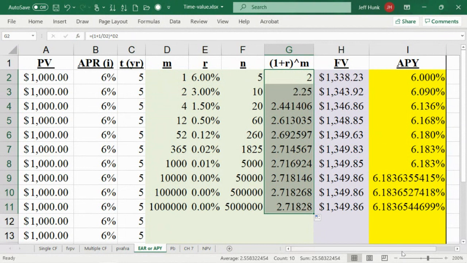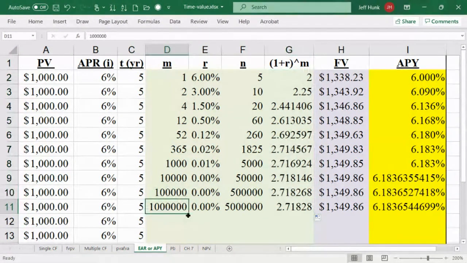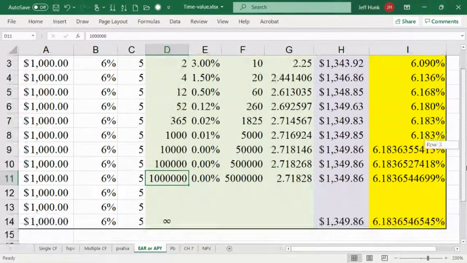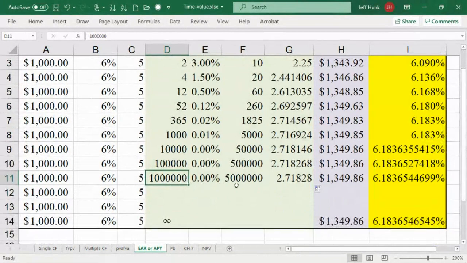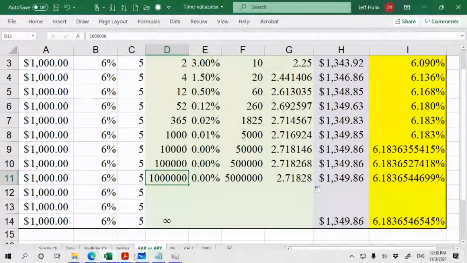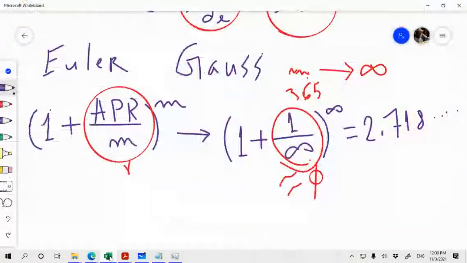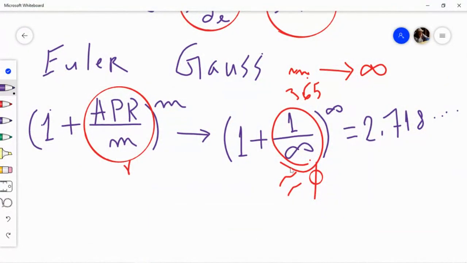You see, the more I can do, see, if I do in the example I used, right? Instead of APR, I used 1, right?